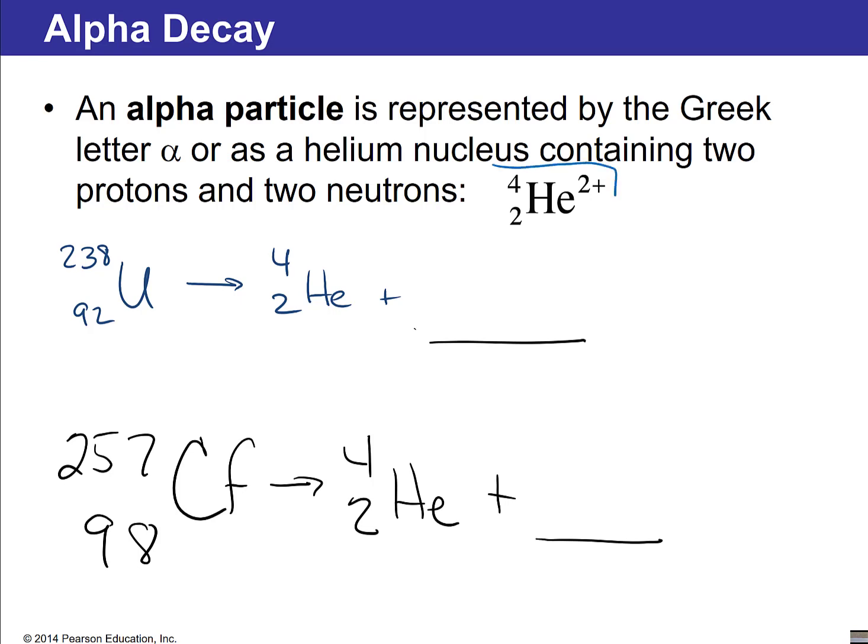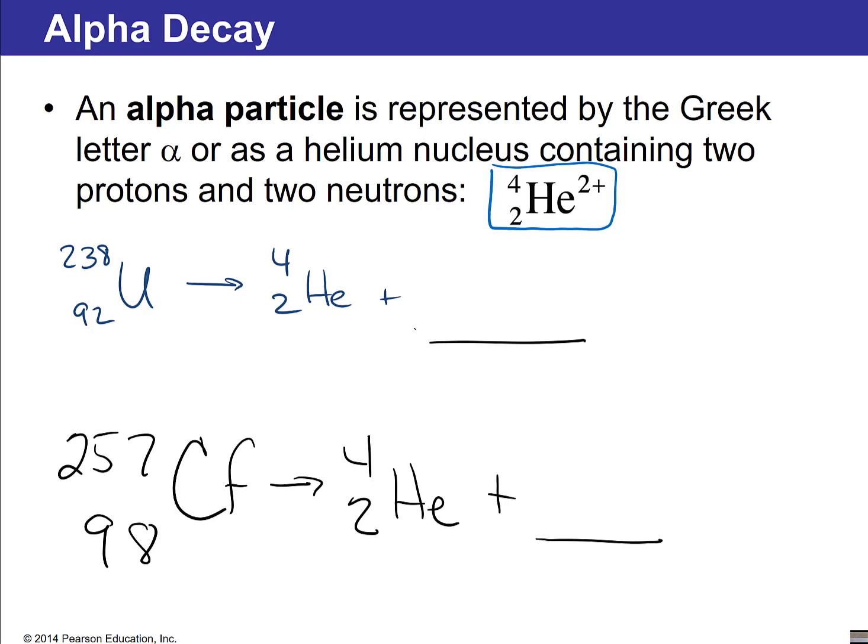The symbol they use is He for helium, with the 4 above because the particle that comes out has a mass of 4. It has 2 protons. It won't have any electrons. It's really just coming out of the nucleus. 2 protons and 2 neutrons get shot out of the nucleus, and so they call it a helium nucleus.